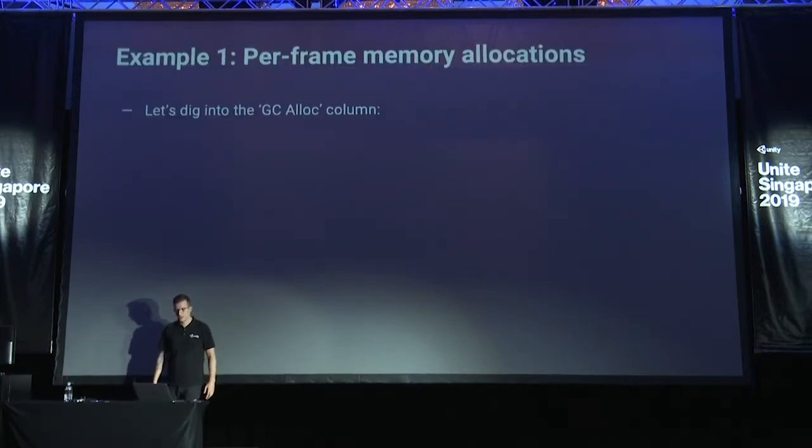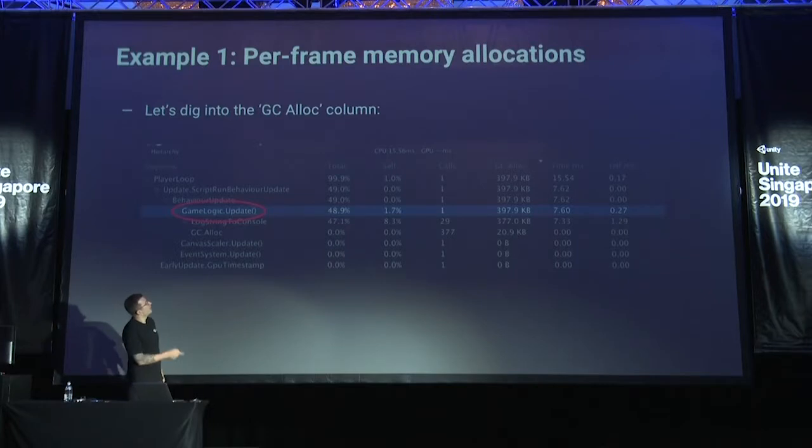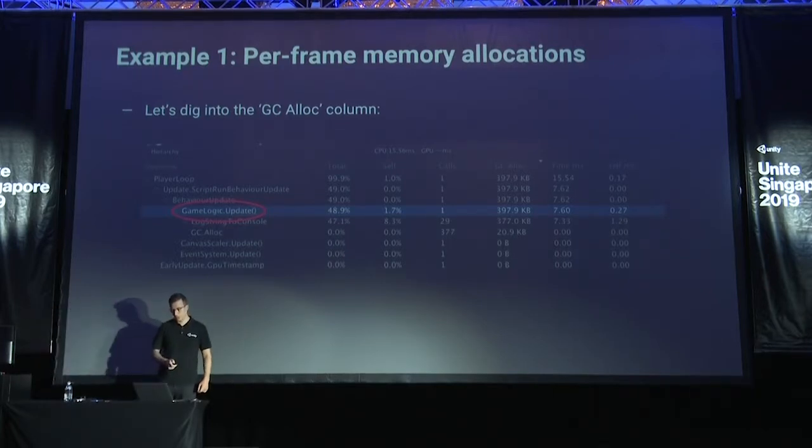So let's dig into the profiler column, and if this particular view is showing the hierarchy view, you can also view your profile in a timeline. And what we can see here is that the game logic update is our culprit, and it's allocating this 400 kilobytes every frame.